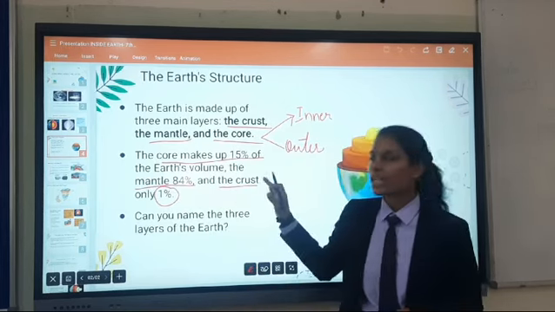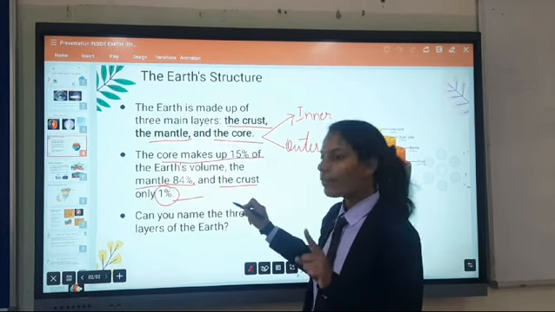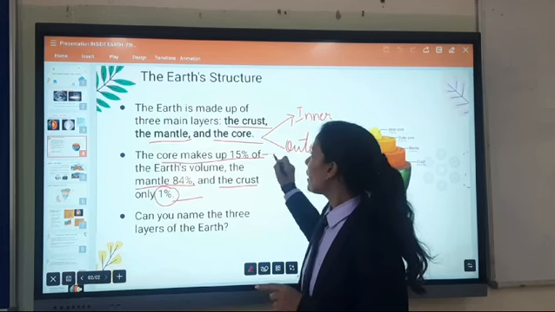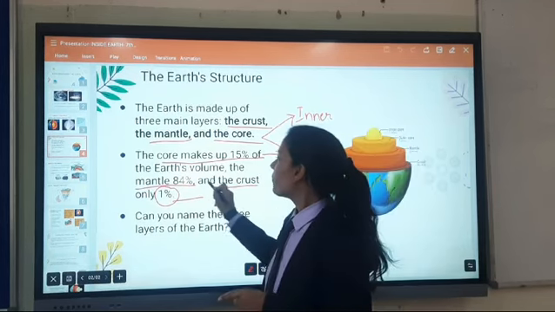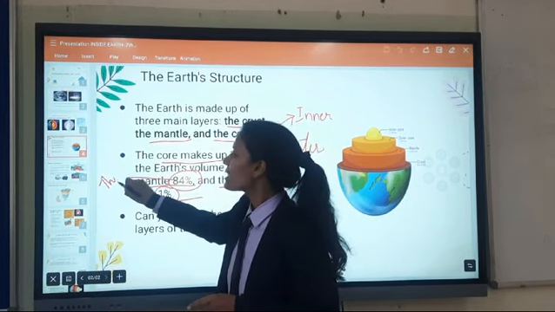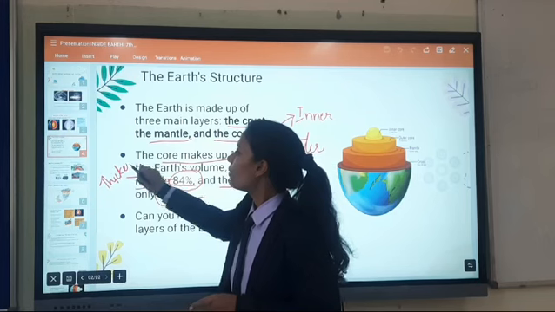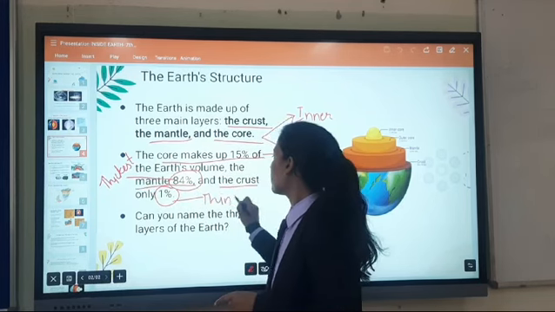So it is very clear from this data that the crust is the thinnest layer, the core at 15% is midway, and the mantle is the thickest one.